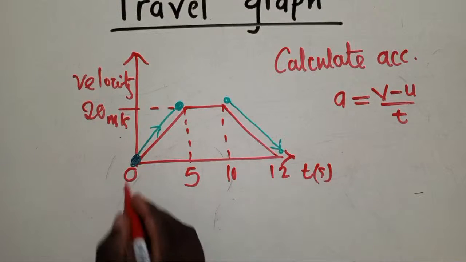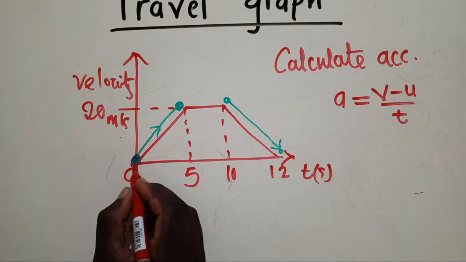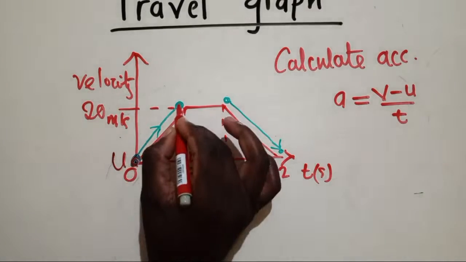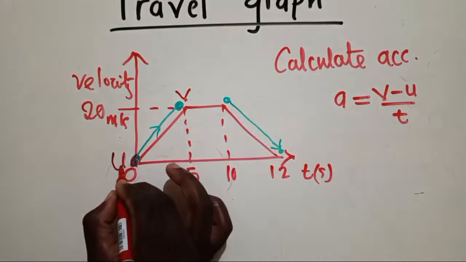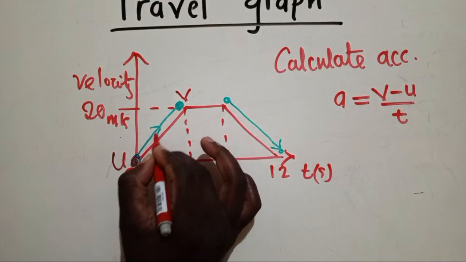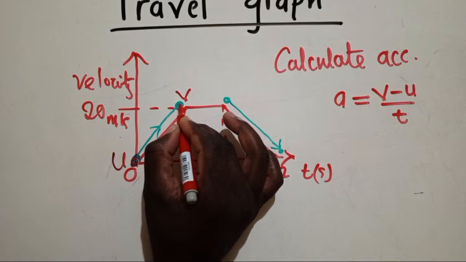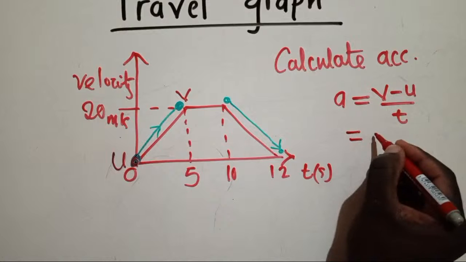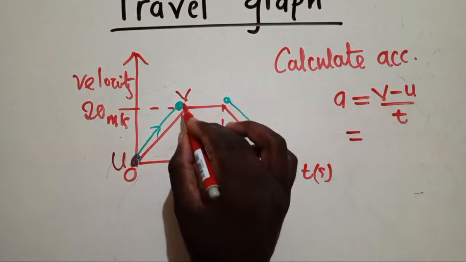So to find acceleration, you need initial velocity. When you look nicely here, this is your u. And when you check here, this is your v. This is initial, meaning where it's starting from. And where it's ending here, it's final. This is v, final velocity.